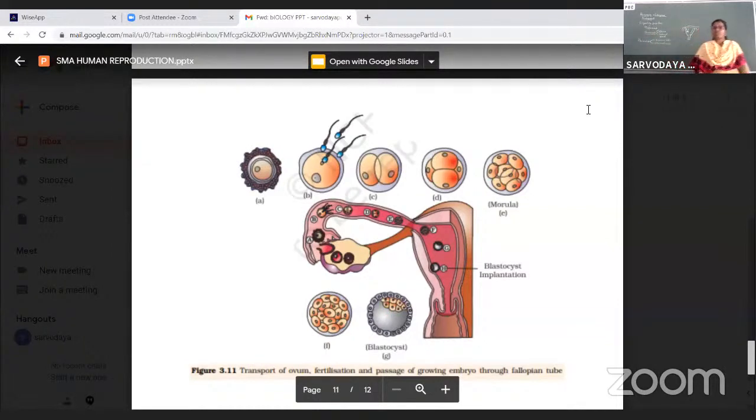So what is the definition of placenta? A 1-mark question can be asked. What does placenta mean? It is nothing but an organic connection. Please remember, you have to define placenta as an organic connection between the mother and the developing fetus. Placenta is very, very important. Why is it important? Because it provides the necessary nutrition and also helps in all other functions between the mother and the developing fetus.